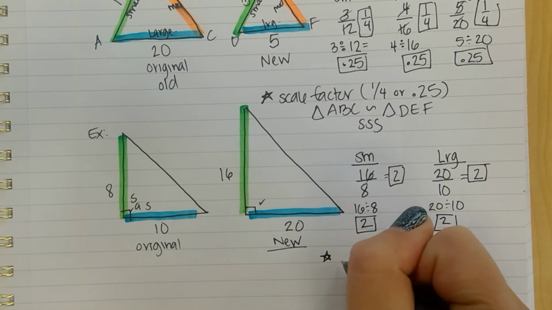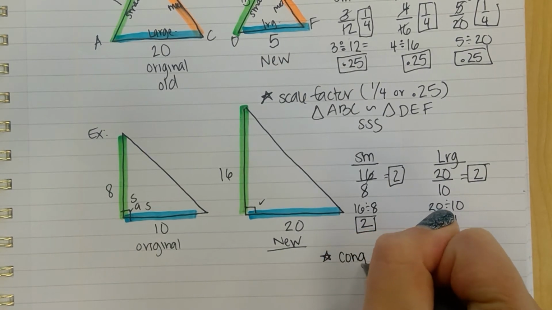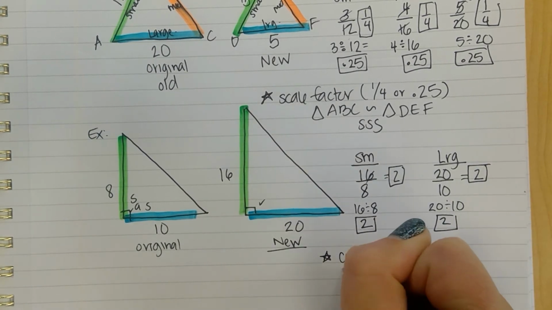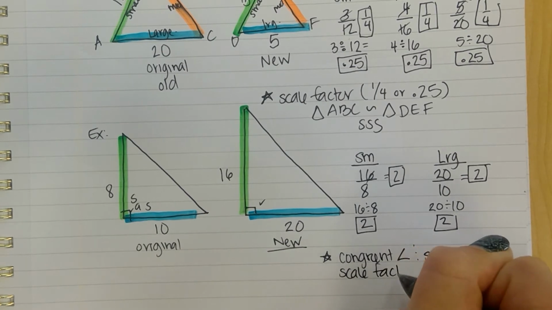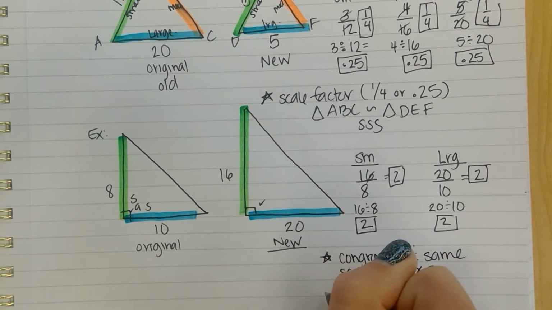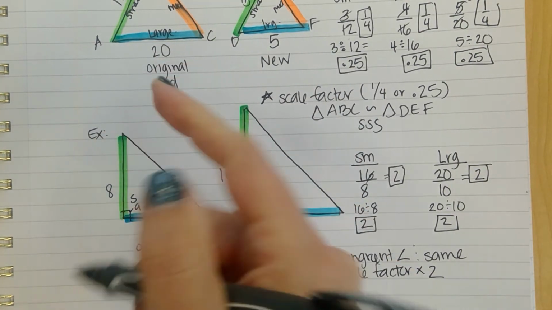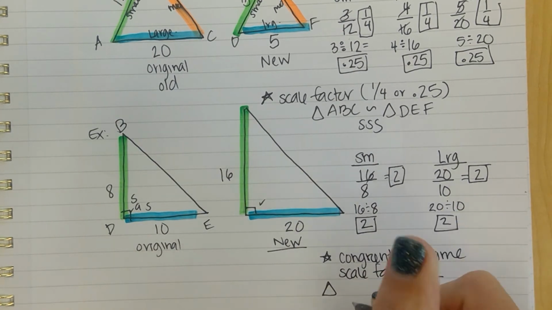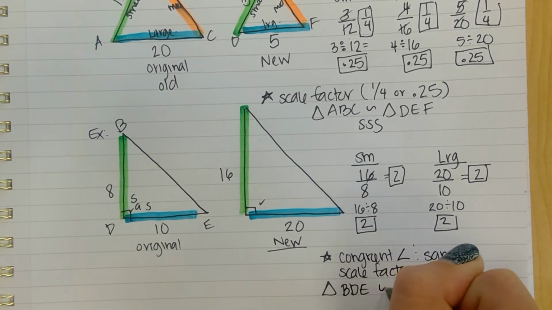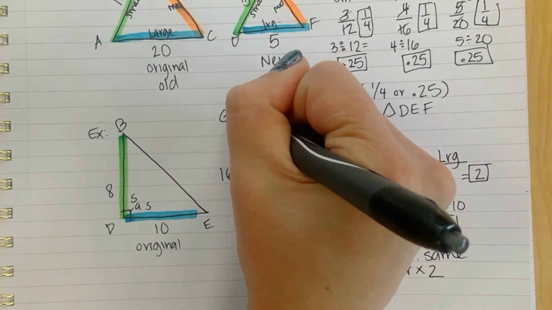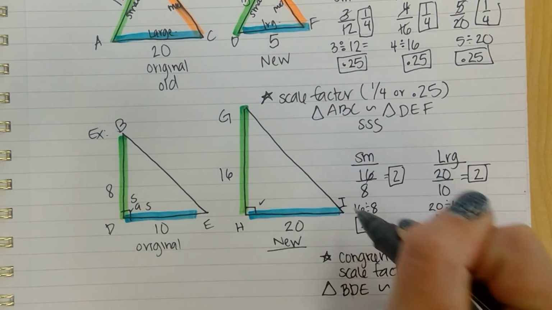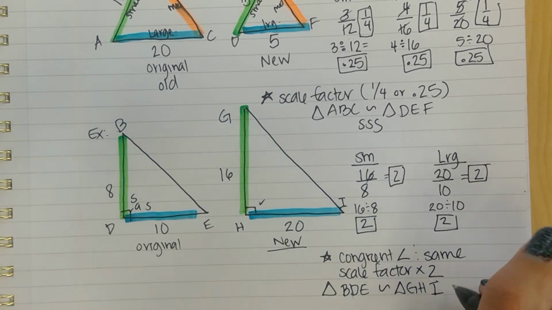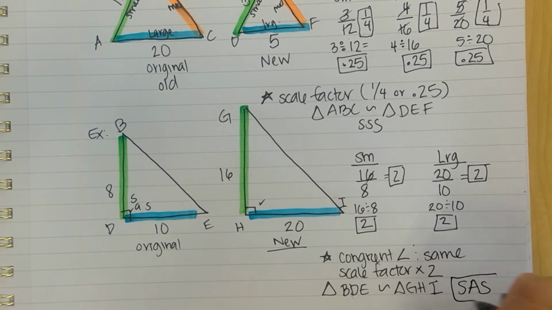So since they have a congruent angle and the same scale factor of 2 for the sides, we can conclude, I didn't name this triangle, BDE. The first triangle, BDE, is similar to the second triangle, GHI. And we're using side angle side.